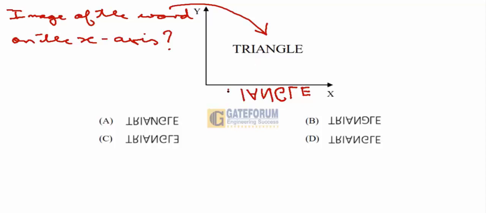R will get this image, and T will get this image. So let us check which one matches. As you can see, this one clearly matches, number D. So number D is the answer, the image of the word on the x-axis.